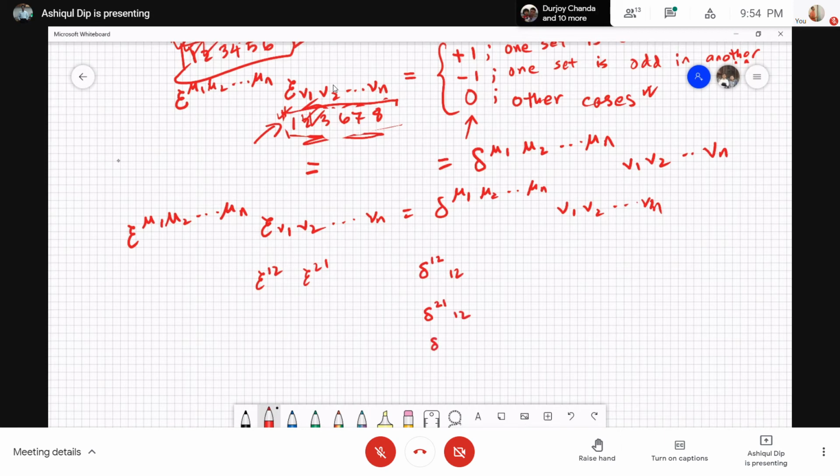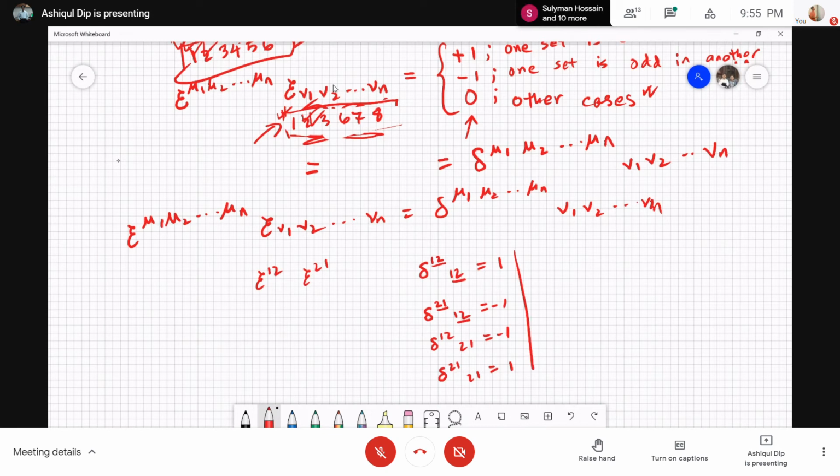Another is the opposite, 1 2, 2 1, and another possibility is just 2 1, 2 1. So by definition of Kronecker delta, this thing is +1, because without switching anything you can see that this set is this set. This thing becomes this if you switch just one of the sets. So that gives you -1, this also -1, and this is +1.